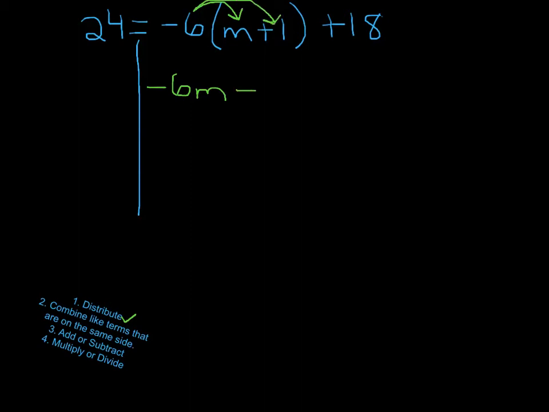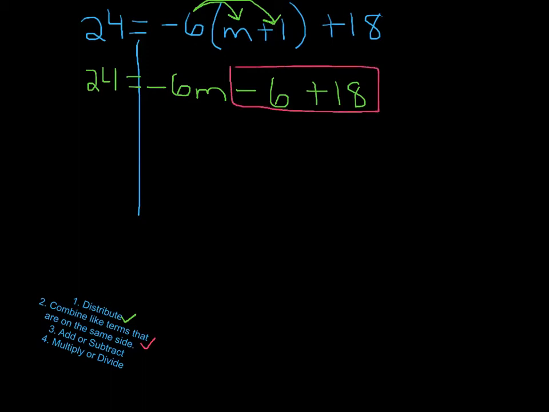So I'm just going to bring it down as minus 6 plus 18, and then on the other side equals 24. So now after you distribute, look to see if you can combine like terms that are on the same side. And on this right side, we have a negative 6 plus 18.